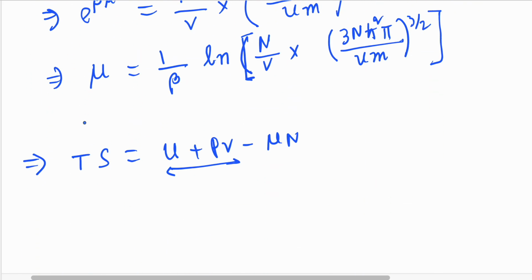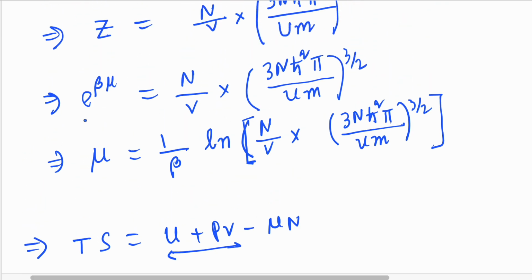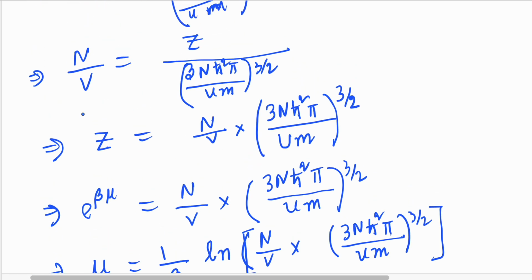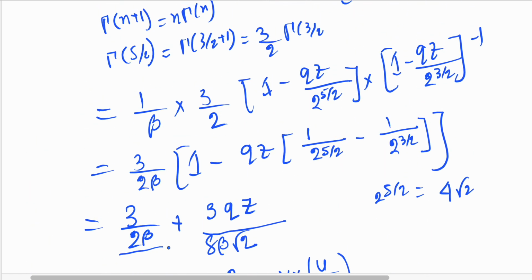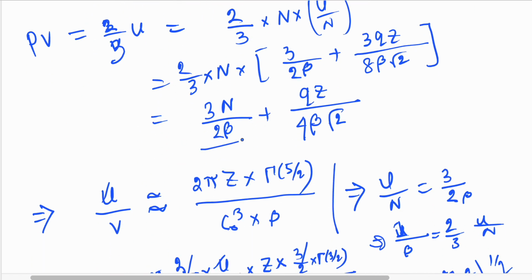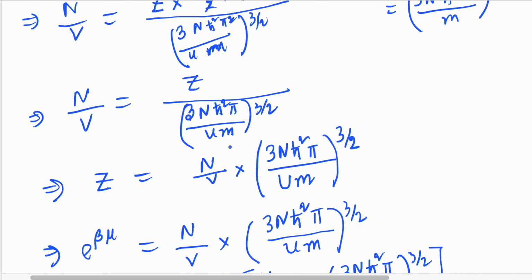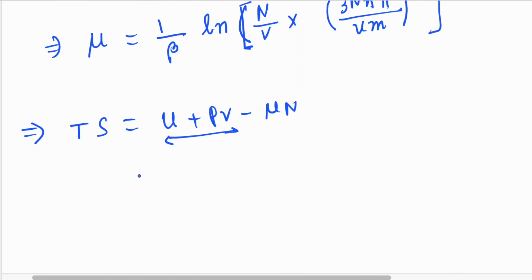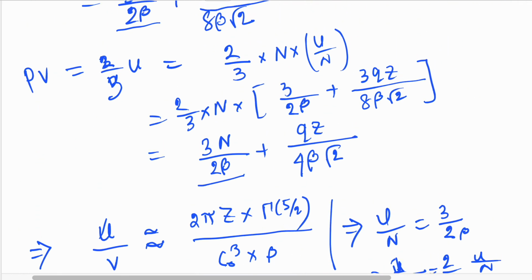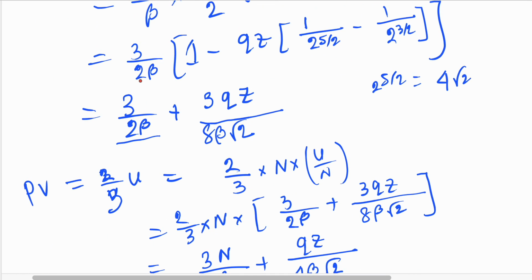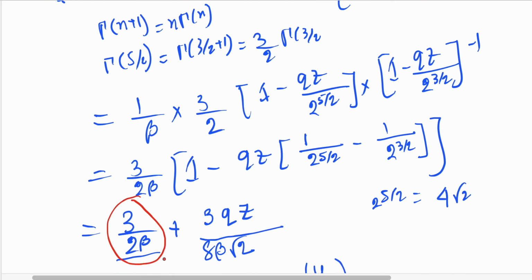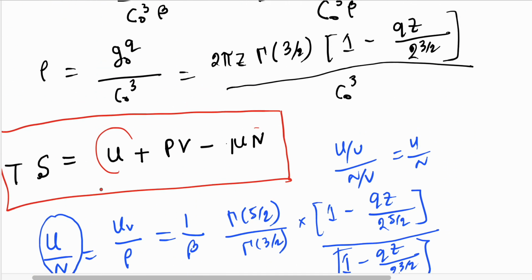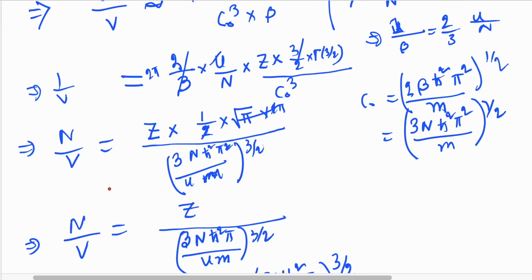Z means this. I will only take the first part from the u and the first part from the pv. So u plus pv. What is the value of u here? U by n is equal to 3 by 2 beta. That means u equals 3n by 2 beta.